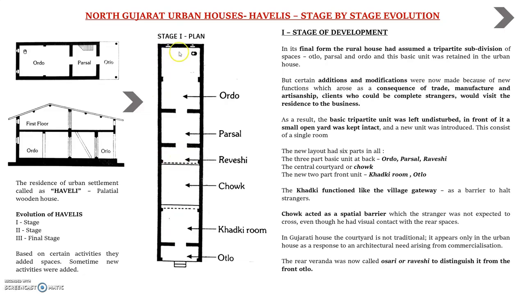So now this zone we can delineate for the women community, and this zone we can delineate for the men community, so totally segregated. This segregation was clearly marked by the introduction of the chauk. Chauk is nothing but the open-to-sky courtyard. Here their approach towards the courtyard was not due to the climate conditions.